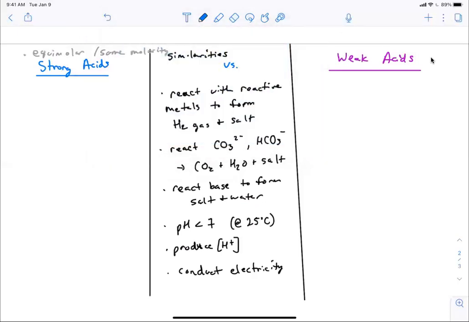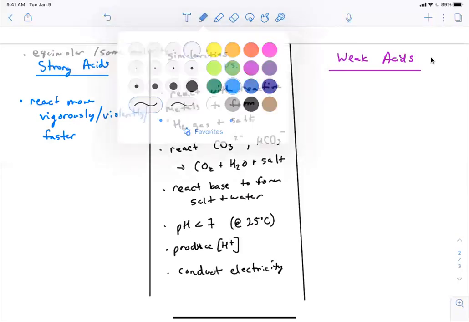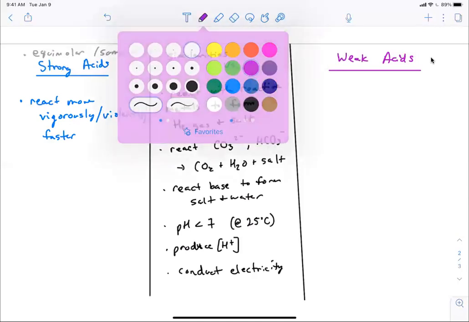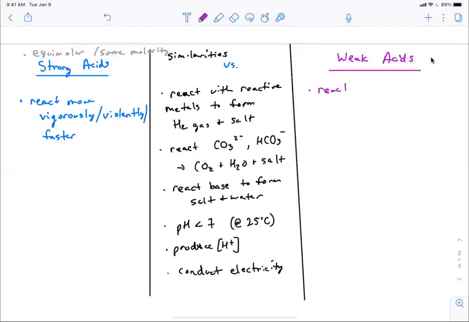So with these reactions here, the strong acid will react more vigorously or violently or faster, whereas the weak acid will react more slowly.